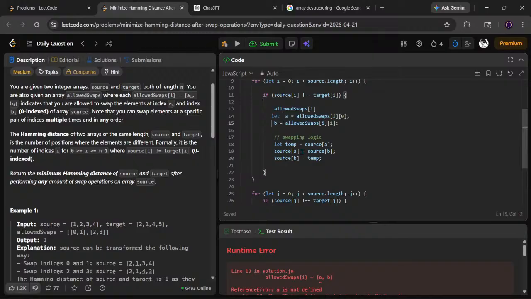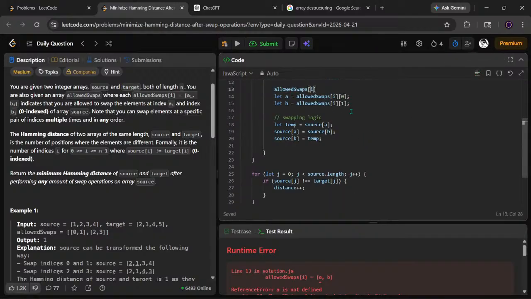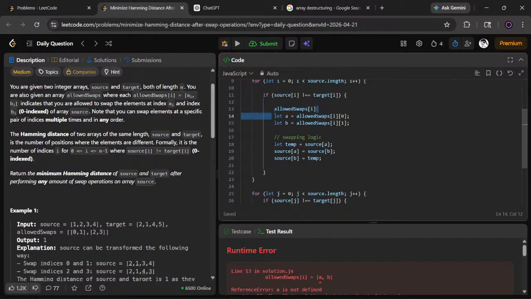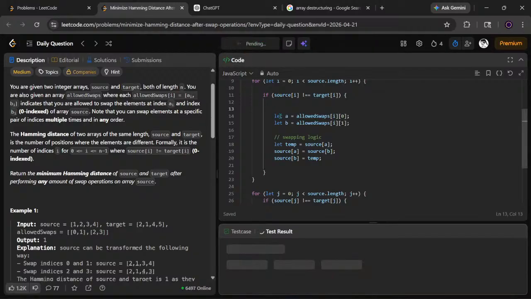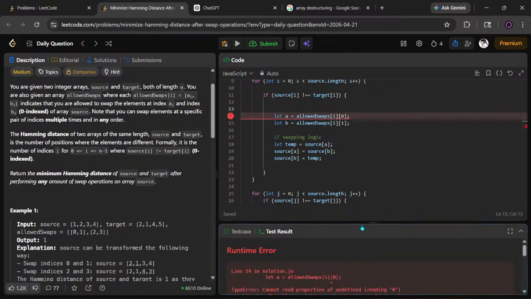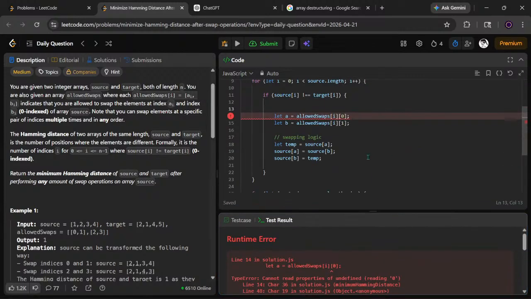Let A equals B and B. Now a lot of index is there, and do we really need this thing right now, since we already have that here? Why is it saying undefined?